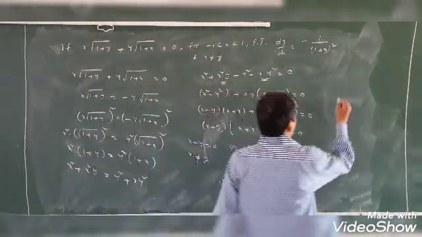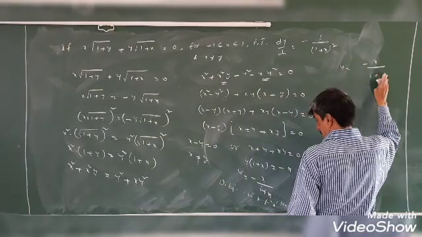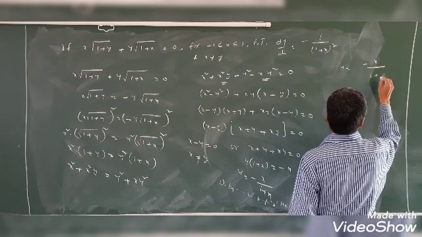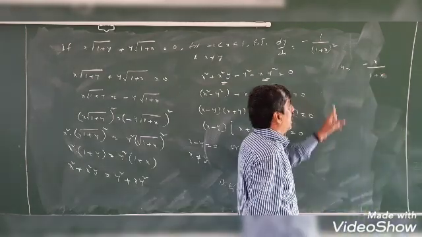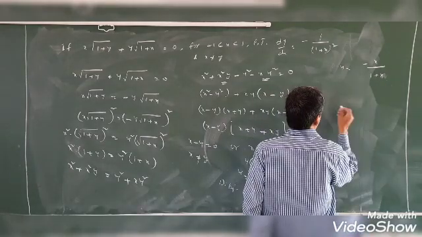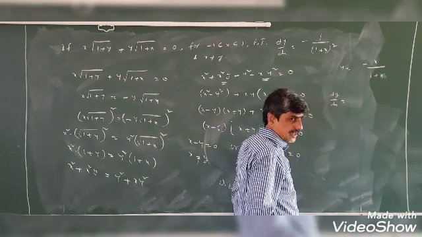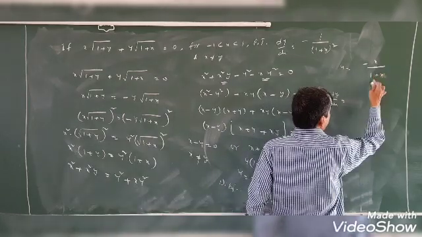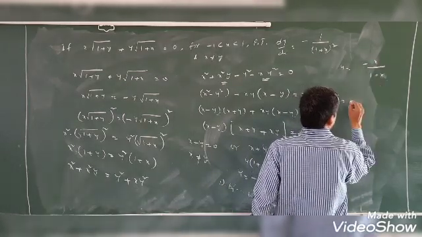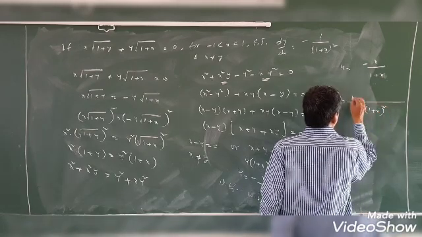Here y is equal to minus x by 1 plus x. Differentiate with respect to x on both sides. d by dx of y we write as dy by dx. For d by dx of u by v, it is denominator into d by dx of u over denominator square.